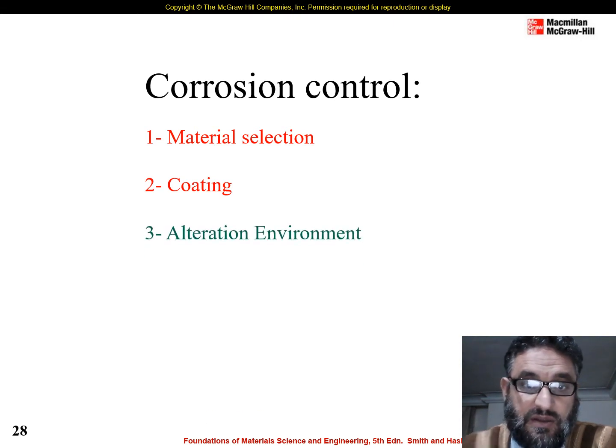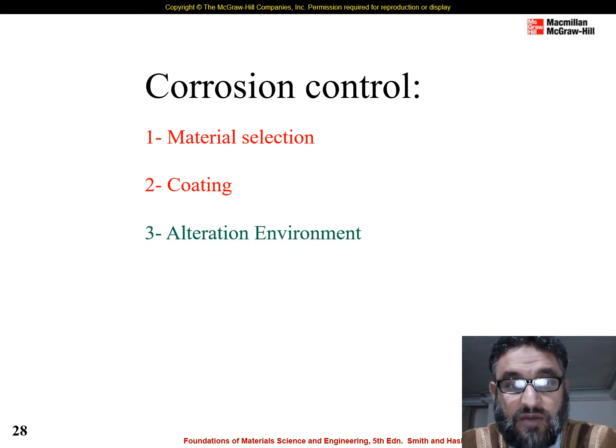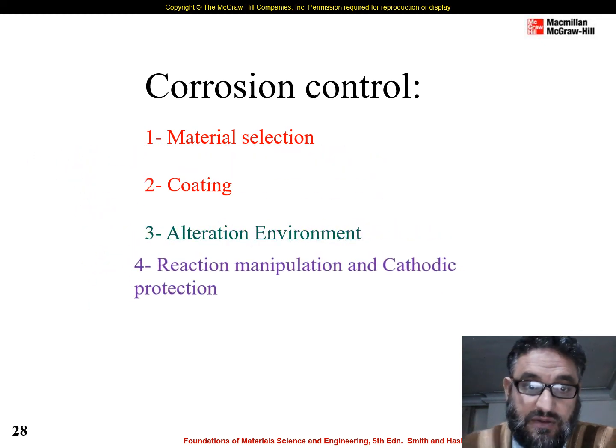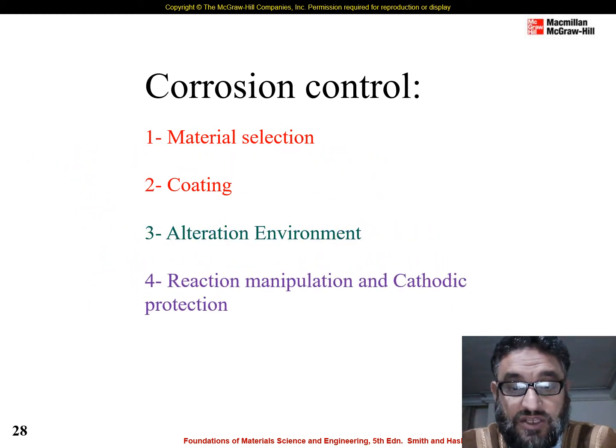Third, measures are to control the environment to prevent the conditions which lead to this reaction. And finally, we can also manipulate the reaction process of corrosion, and we can protect our metals by some techniques related to the reaction mechanism.